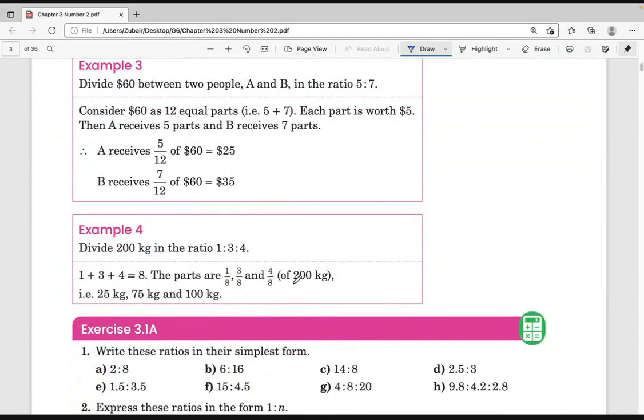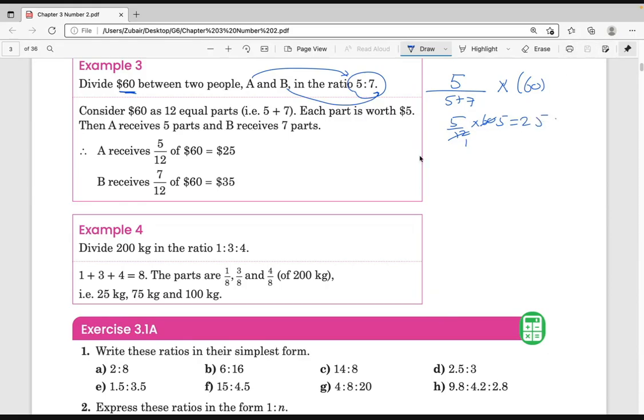Example 3. Divide $60 between two people in the ratio 5:7. So if A is getting 5 and B is getting 7, A is getting 5 out of 5 plus 7 of the total 60. That is 5 by 12 of 60. 12, 1 times 12, 5 times 5, 5 times is 25.